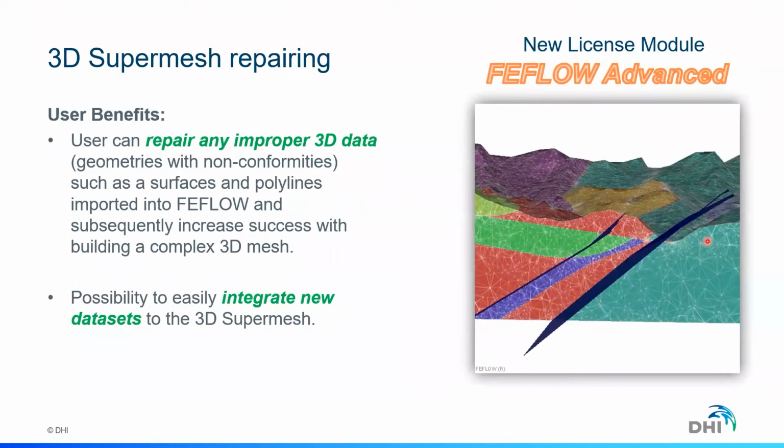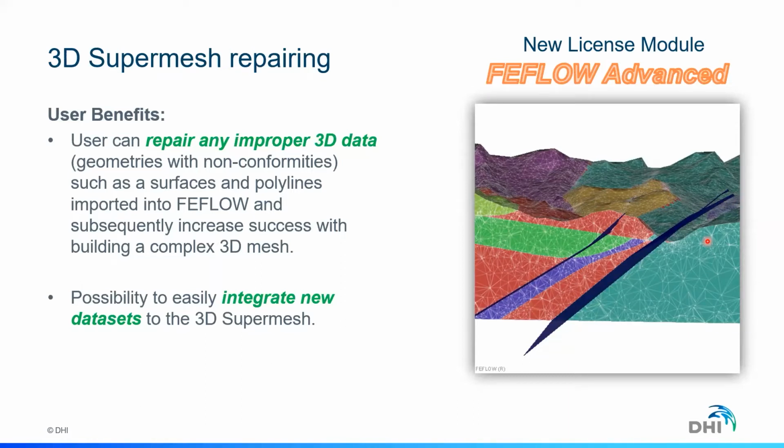We build this connectivity through a new module. We introduced a new module called FEFLOW Advanced. This module is given as what we call SMA benefits for FM3 licenses and FMH3 licenses. This module allows you to call these routines of GOD for repairing any improper 3D data.